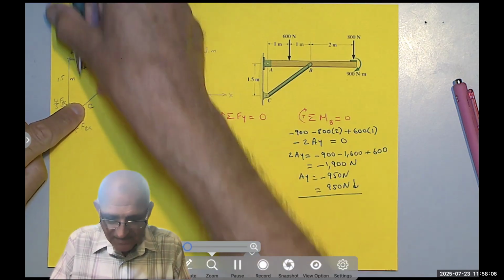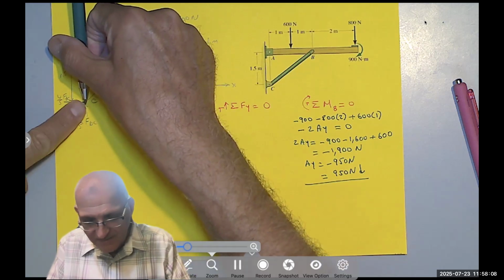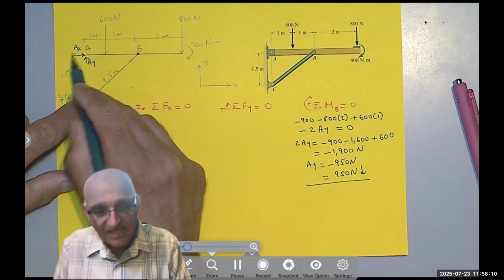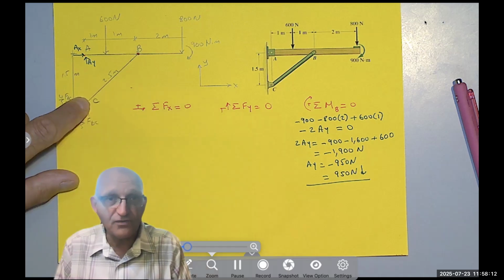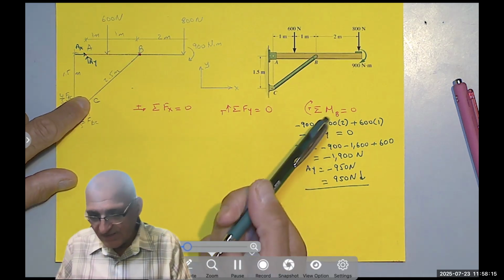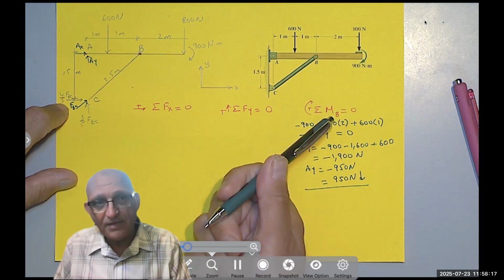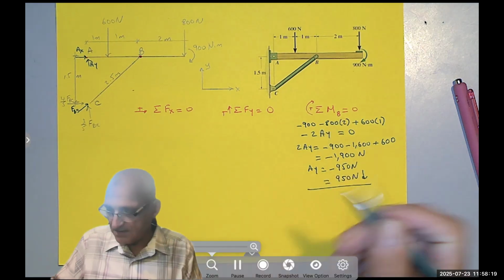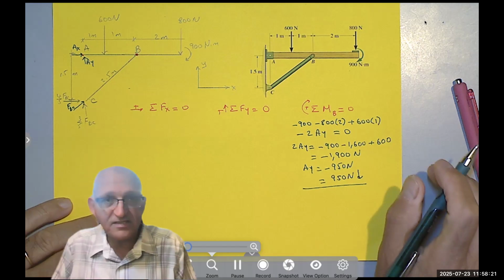Because AY passes through C and FBC passes through C. The only unknown would have been A sub X, and I could solve for A sub X. I could take the moment about A, about B, about C. It doesn't matter. All of them would be easy.